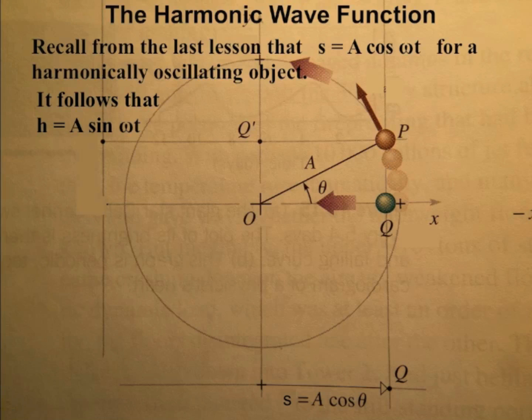And I don't need to do a proof for that because it's in your notes from last chapter. h equals A sine 2 pi f t, because omega equals 2 pi f, as we saw in chapter 10.